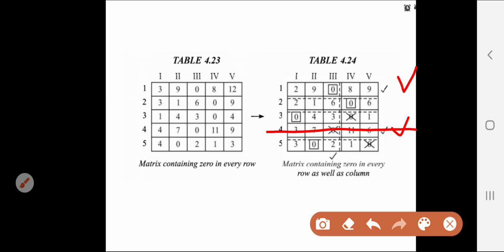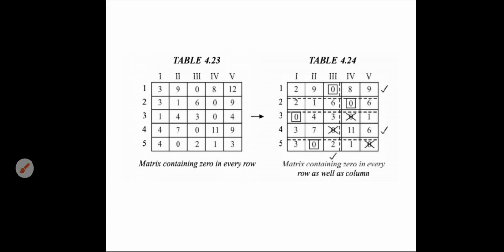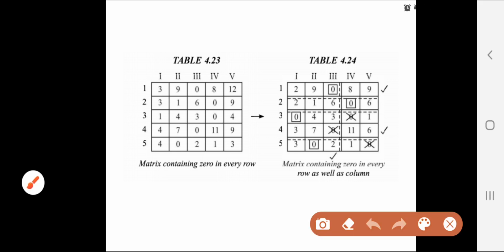Iteration is required. Further calculation is required. Now, what to do? Let us see. Consider the elements where a line is not passing. How many elements are there where a line is not passing? In the first row, x11, x12, x14, x15.